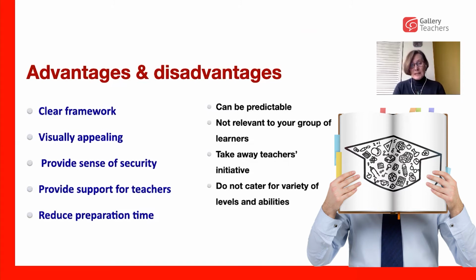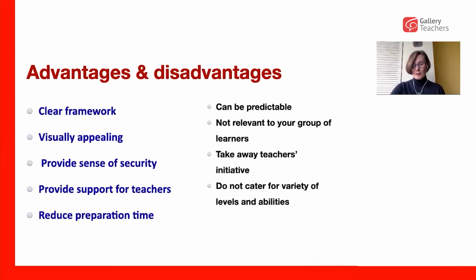So again, it's up to us, up to teachers, to decide which materials to choose. But I think if we know the advantages of using course books, we can build on them. And if we're aware of disadvantages, we can plan our lessons so that we can eliminate these disadvantages and make the coursebook materials more effective.